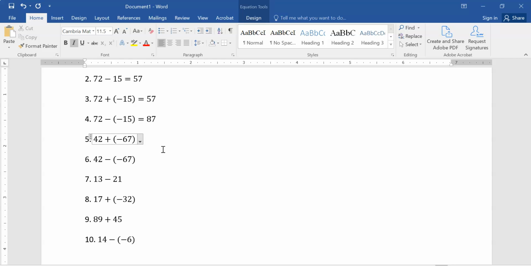So we're going to take 42 minus 67 for the next problem. That's a negative 25.